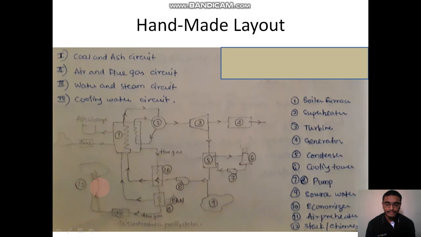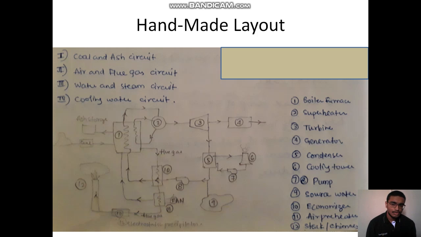We also have an air preheater. This helps the air going into the boiler for combustion to get heated. This is also heated by the leftover energy by the flue gases. Finally, the flue gases flow out through the chimney.